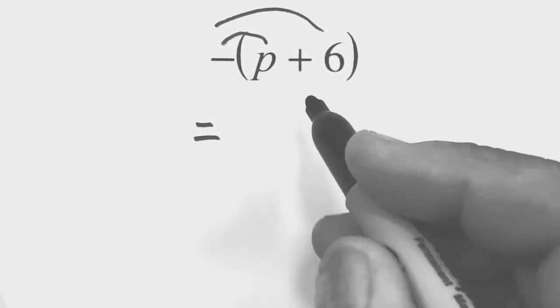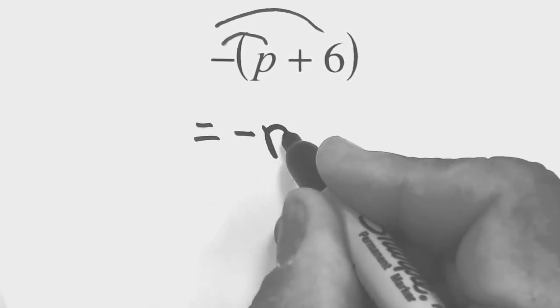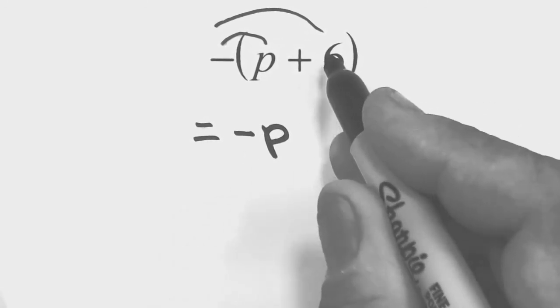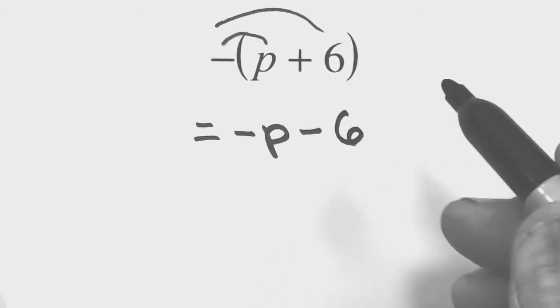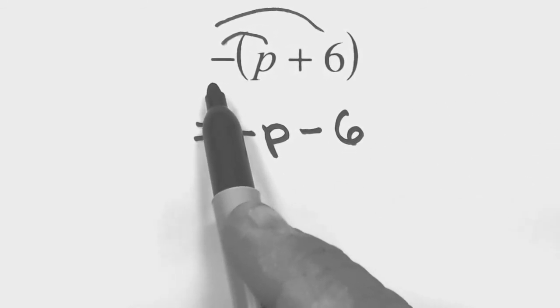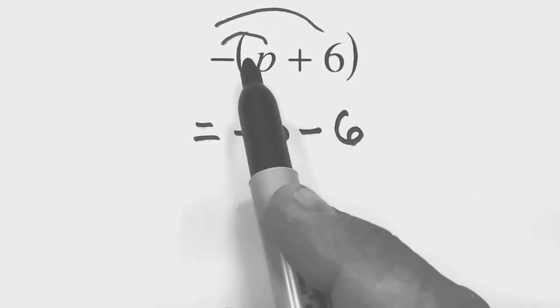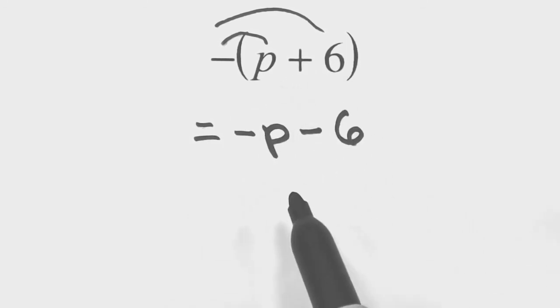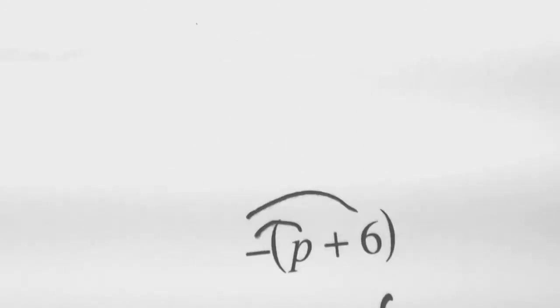The plus p becomes negative p when we take the opposite of it, and the plus 6 becomes -6. So having a minus in front is very easy to distribute in. Simply take the opposite of everybody inside, and there it is.